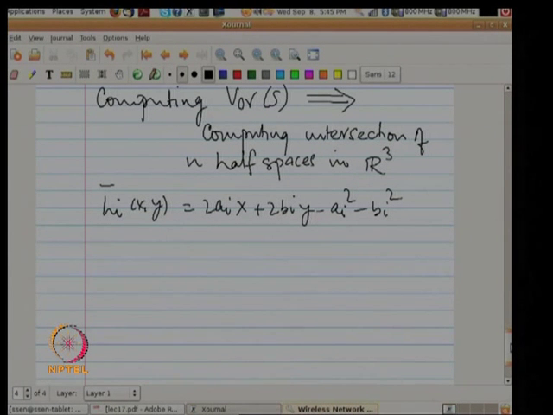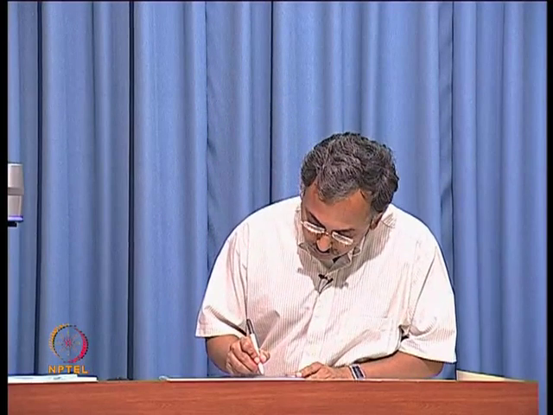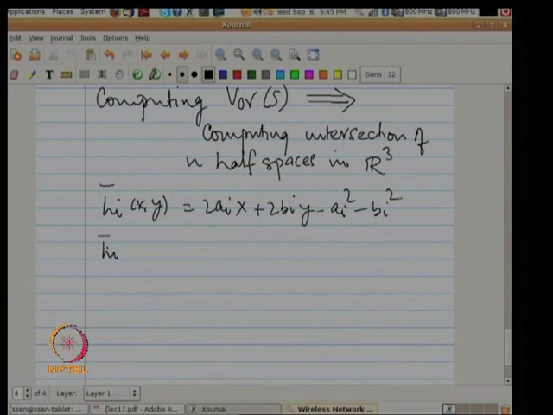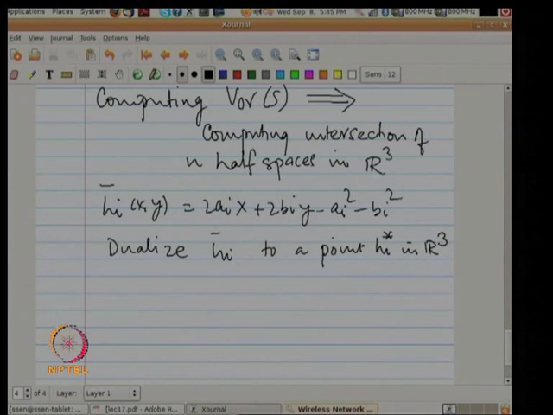And now, if I apply the duality, then what the duality does is the following. Let me write it. The plane becomes the point a I, b I, that is what it maps to.